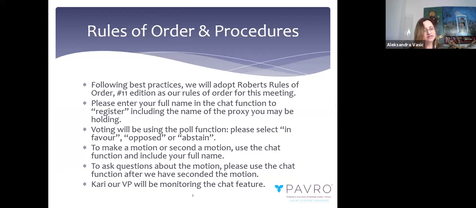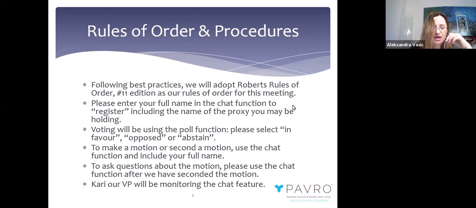So, following best practices, we're going to be following Robert's Rules of Order, 11th edition. We'll be using poll questions for voting purposes. So when there's an opportunity to vote for a motion, you'll be asked to vote in favor, oppose, or abstain. To make a motion or second a motion, please use the chat function on the side of the screen and type in either I move or I second, and include your full name if it doesn't show up in the chat box properly.